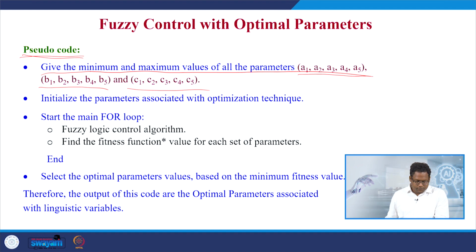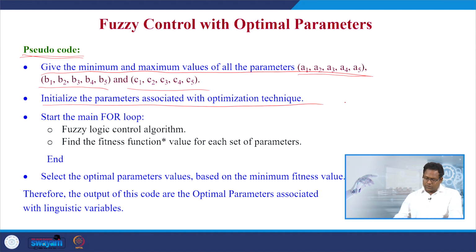Now, initialize the parameters associated with the optimization technique. Start the main for loop.